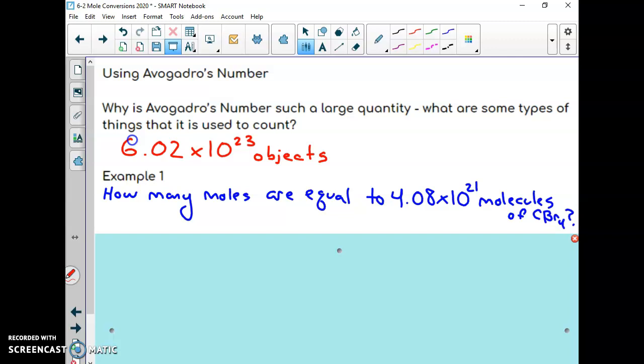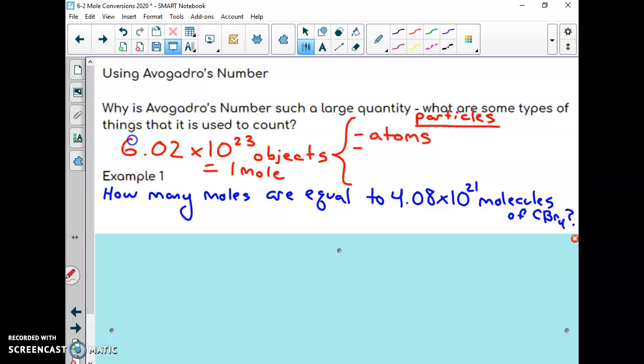1 mole is equal to this value. So we're going to be using that relationship, what a mole is defined as, to do this. So when we think about what this could possibly represent, if we're going to have this many of some object, it is likely it's going to be a very small object. So we're talking about things which we could generally classify as particles, but this means things like atoms.